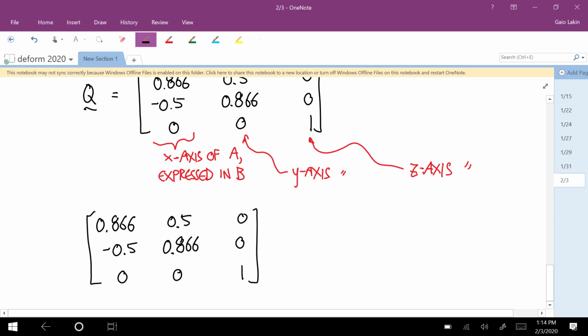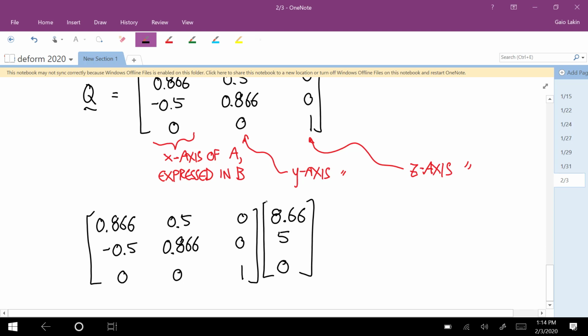And we're going to multiply it by the components of the vector in the A coordinate system. So that was positive 0.866, nope, at a length of 10. So this is 8.66, 0.5, nope, 5, 0.